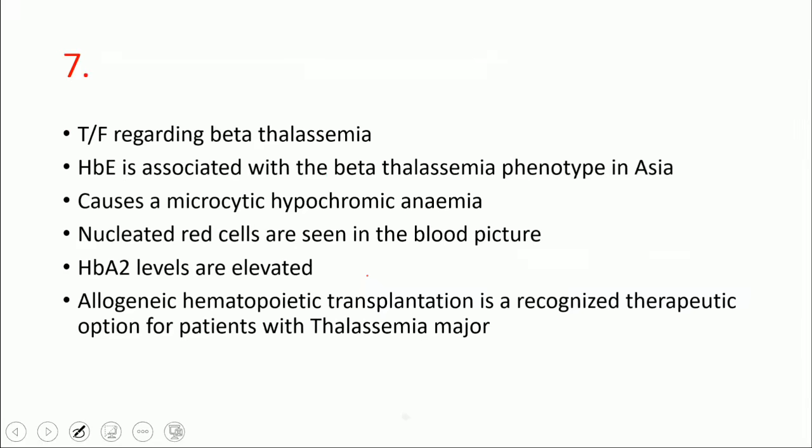But yes, you can do a special stain to confirm. Okay, right. Any questions? So spherocytes mostly it is a normal MCV, yes.